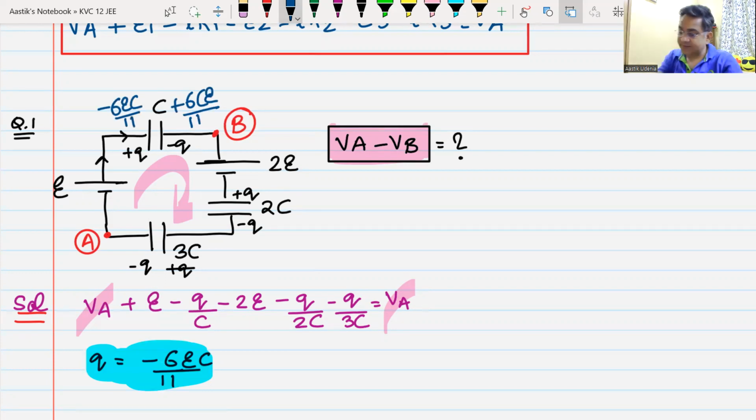Do we understand this? Yes, sir. The only thing I have to do now is to apply the loop law, but not the loop law exactly. I will start from point A and end my journey on point B. How do I do it? That is why I started with point A and I call the potential as VA. Can anyone tell me what is the next thing?